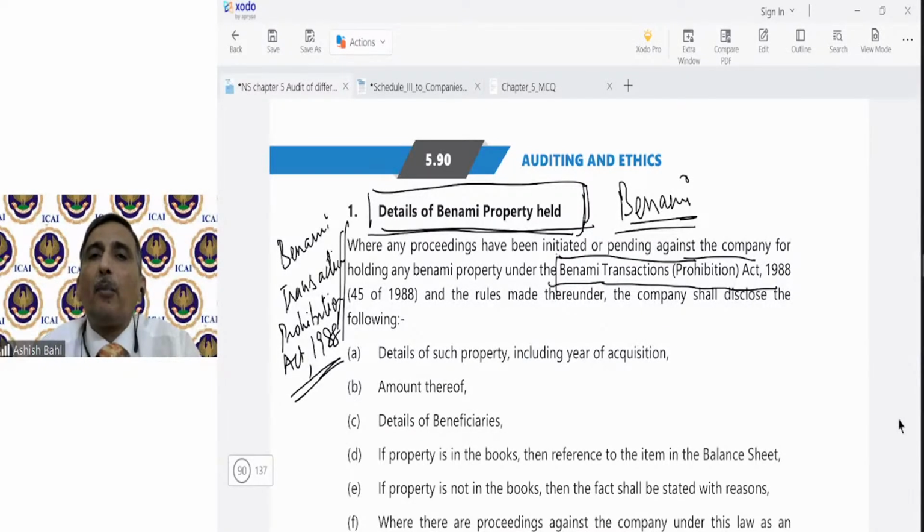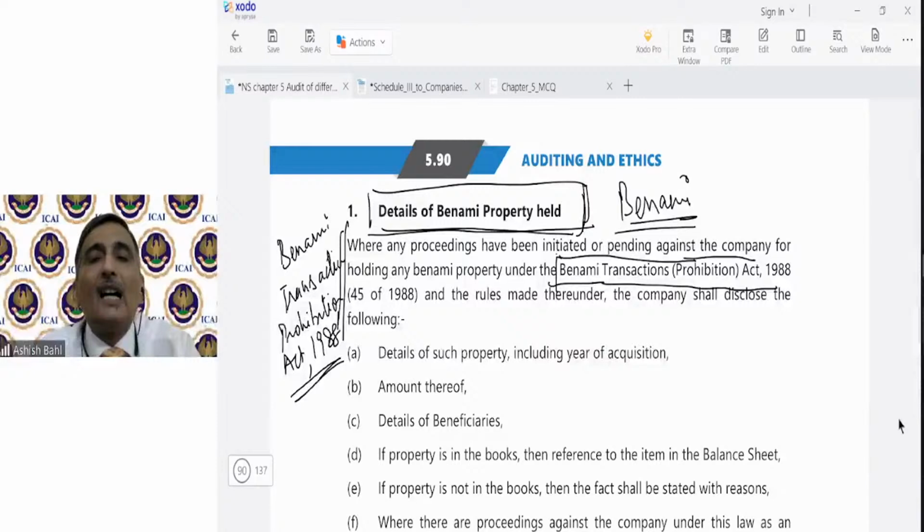And the property is ultimately held for the beneficial use of that person who has invested the money. So this route, students, was being adopted by some entities to hold properties in names of other persons, in name of fictitious persons, or say in name of employees, or in names of say distant relatives.